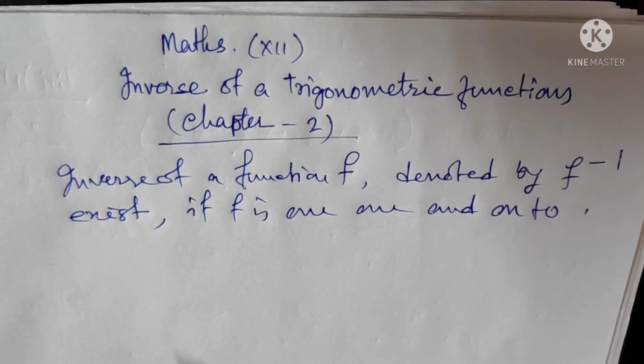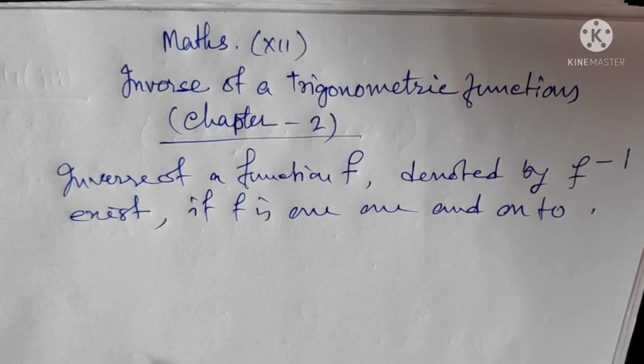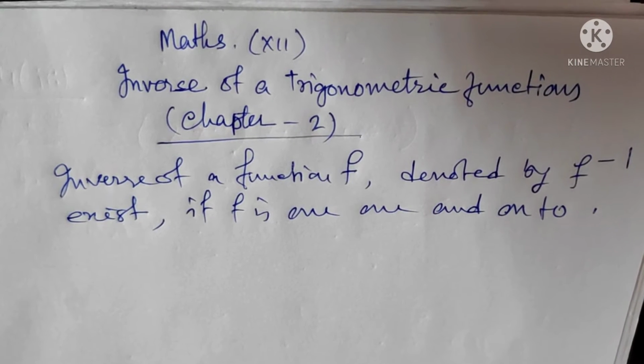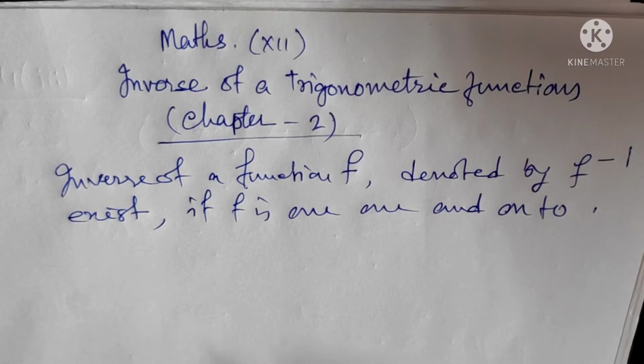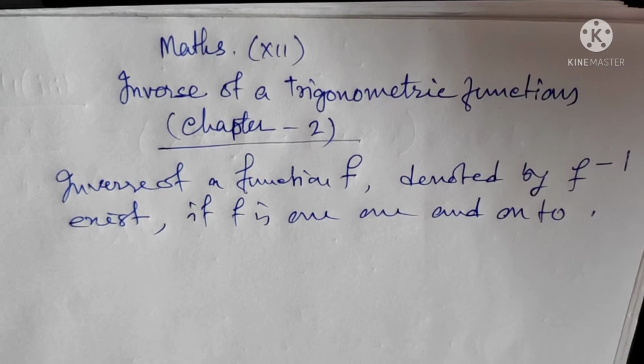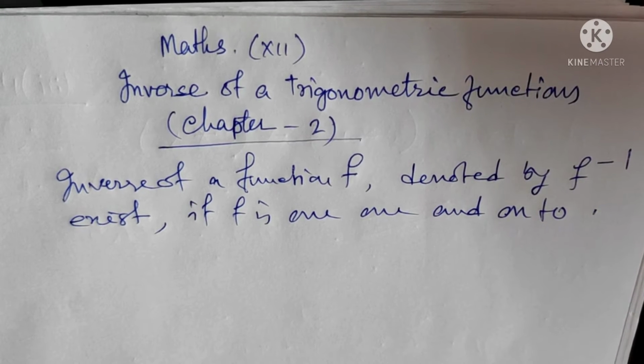Trigonometric functions are not one-one and onto over their natural domain and range, and hence their inverse does not exist. But with restrictions of the domain and range, the trigonometric functions are one-one and onto.